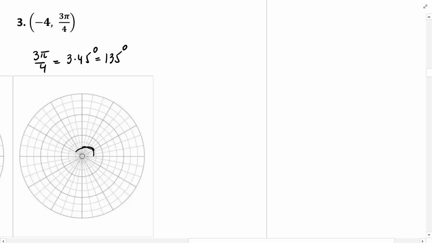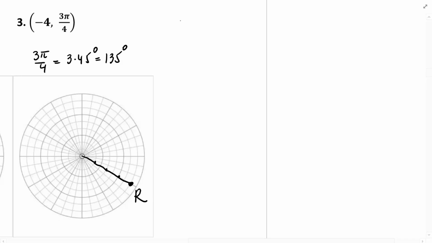And negative 4 would be opposite to this. 1, 2, 3, 4. So this point here would be the point that we are looking for. Let's call it R.